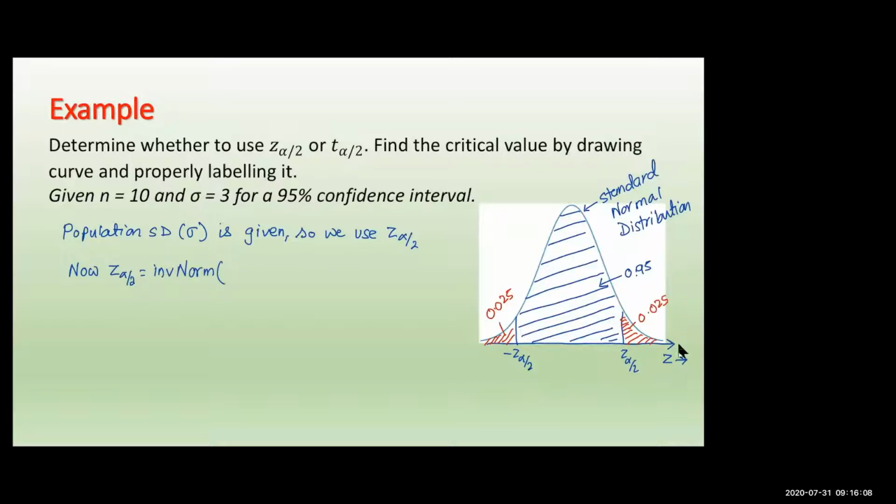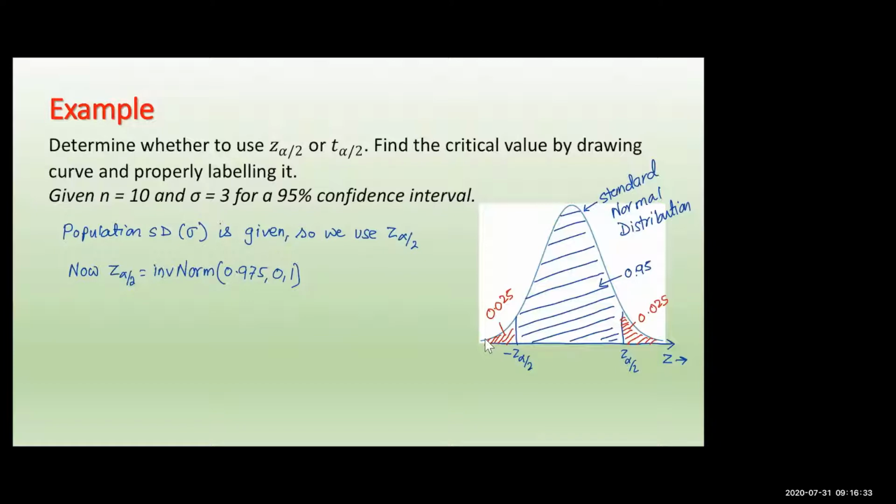Then we want the area to the left of Z alpha over 2. Here we have 95% area, and here we have 2.5% area. So the total area from here all the way to the left tail is 97.5% or 0.975. Mean is 0. Standard deviation is 1.